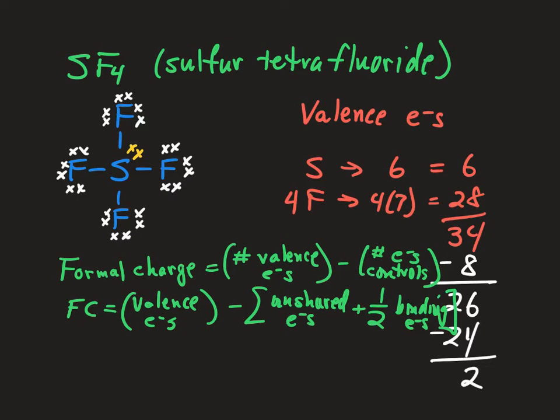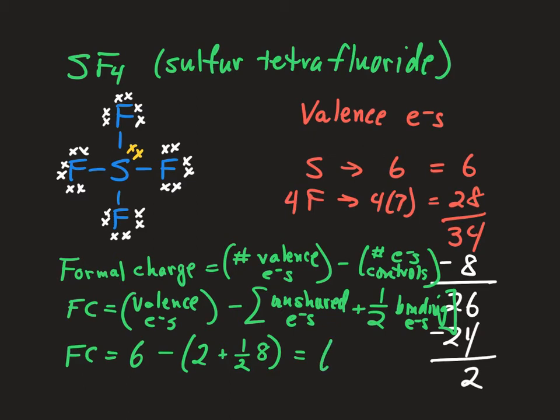So the formal charge here is going to be, we said sulfur brings 6. As we drew it, it has 2 unshared electrons, and it has 2, 4, 6, 8 bonding electrons.